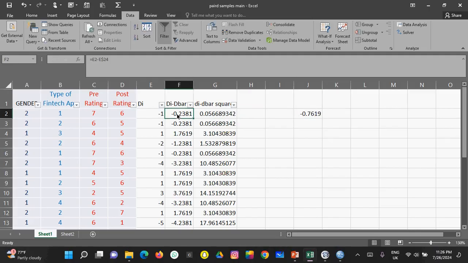And then here is going to be di minus d bar, so more or less equal to this minus this. You see we are getting negative 0.2381.